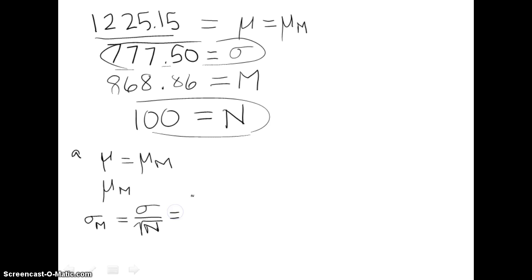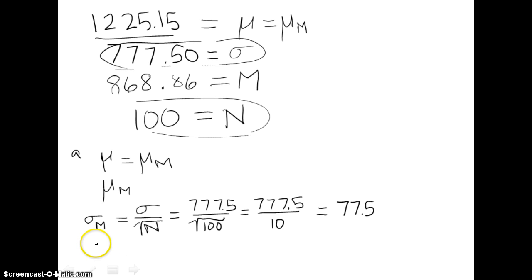So we have 777.5 divided by the square root of 100, which is 10. Just move the decimal place, and we get 77.75. And that is our standard error.